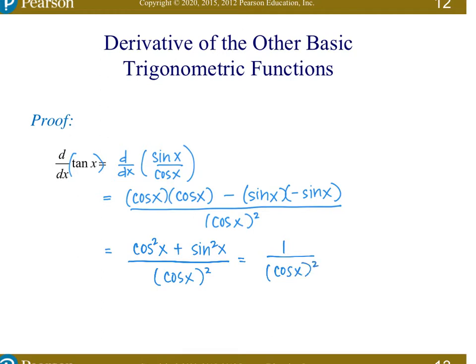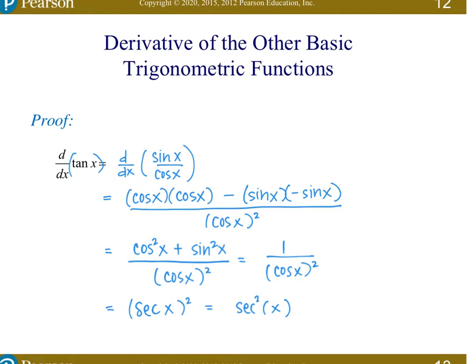So this is the reciprocal of the cosine of x quantity squared, which is the secant of x quantity squared, or we can write that as secant squared of x.